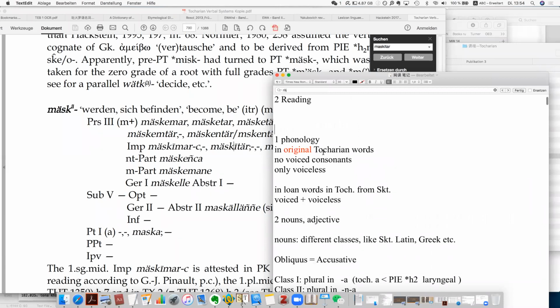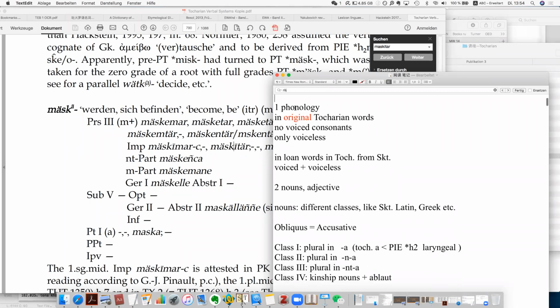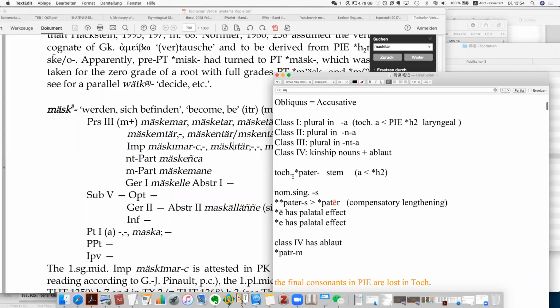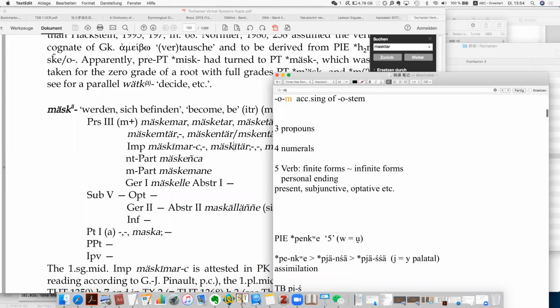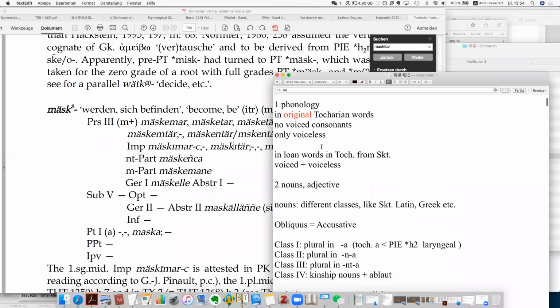We have an overview of the structure of Tocharian grammar. First phonology, and then nouns, and after nouns we have pronouns, numerals and verbs. And today we talked about phonology.